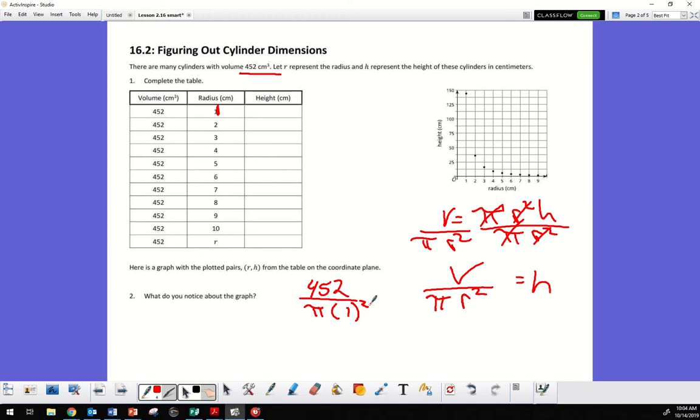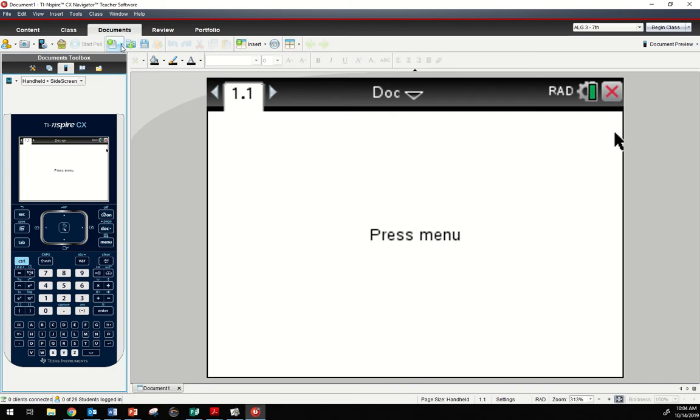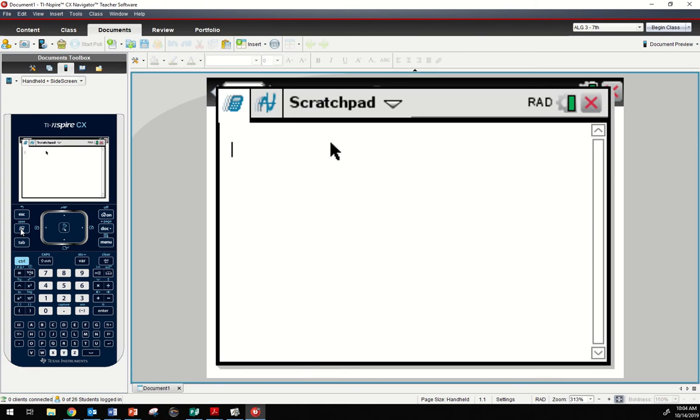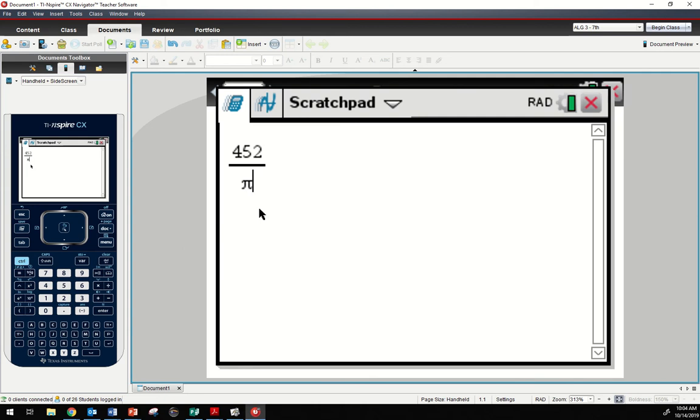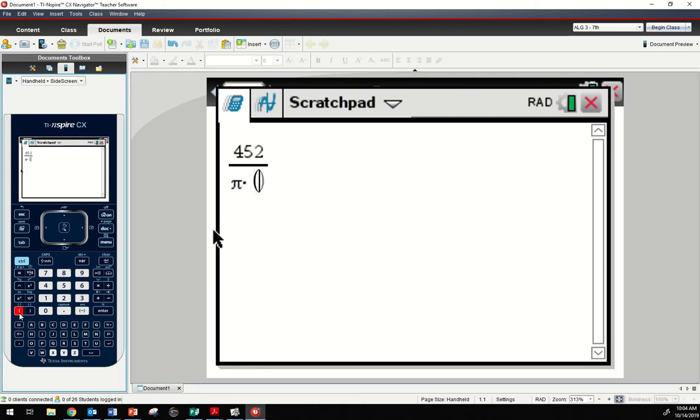As I plug it into the calculator, I'm going to bring up my calculator so you can see this. So 452, hit Control Divide, 452 over pi times parentheses 1 close, squared.